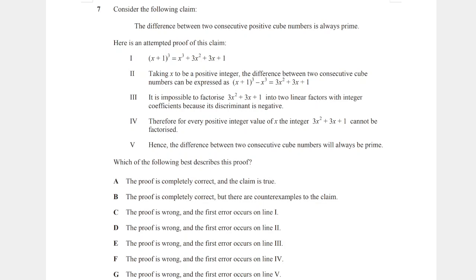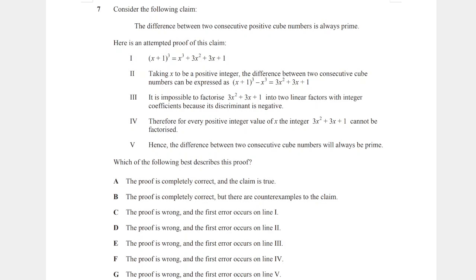How about line 4? Therefore, for each positive integer value of x, the integer cannot be factorized. Okay, that's slightly debatable because, in line 3, what you mean by the discriminant being negative and not being able to put it into two linear factors is about the roots of the equation in some way, yeah?